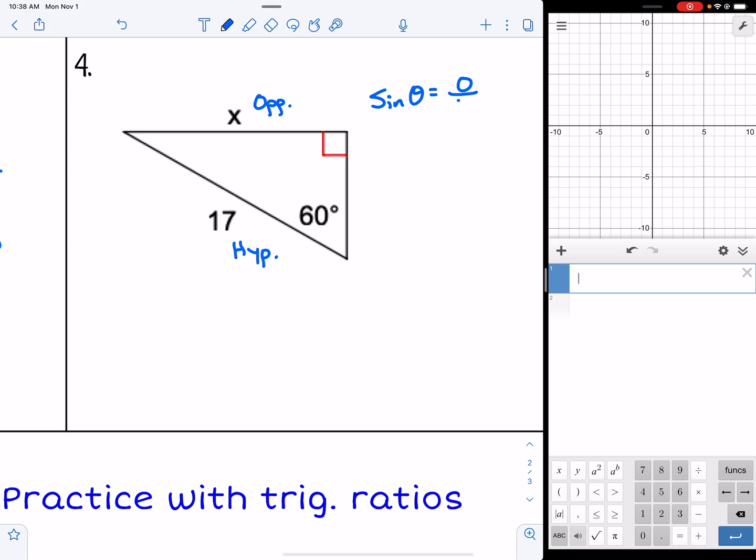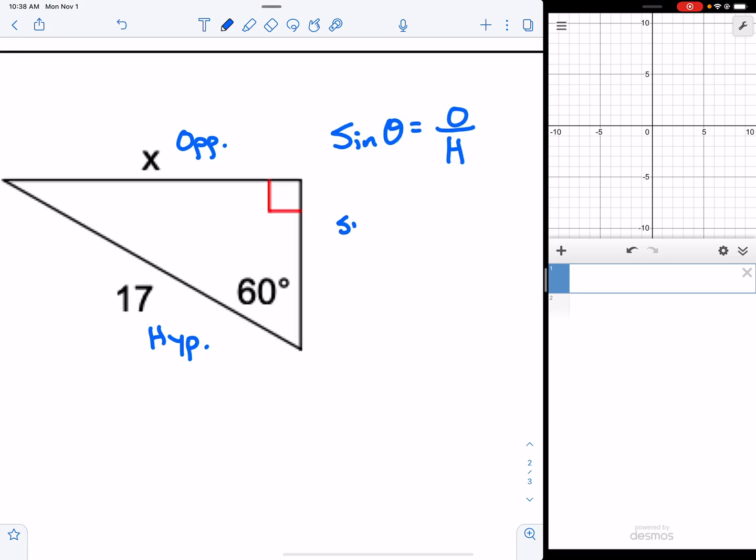equals opposite over hypotenuse. So some old hippie helps me remember that. And so let's say sine of 60 equals the opposite, which is just x, but we'll figure that out, over hypotenuse, which is 17. So again, you could set this up as cross multiplying if that looks easier. And we could say x times 1 is just x.